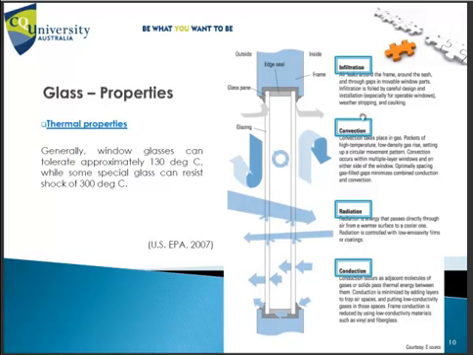Then convection. Convection means the air will give up its heat to cooler glass. Then radiation, which is the movement of heat as infrared energy. And there is conduction, which is the direct transfer of heat through the window to the outdoors.